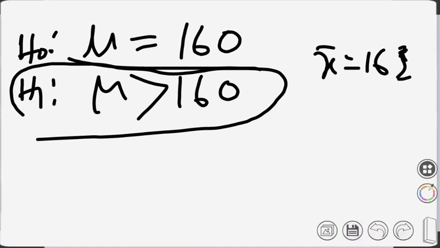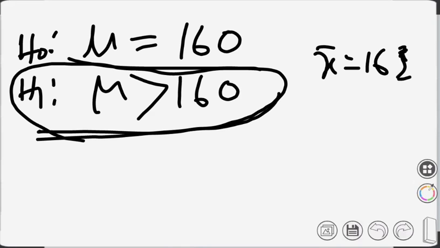Accordingly you have to write the alternate hypothesis this way; you cannot write mu not equal to 160 or mu less than 160, because that would not be appropriate for this kind of question.